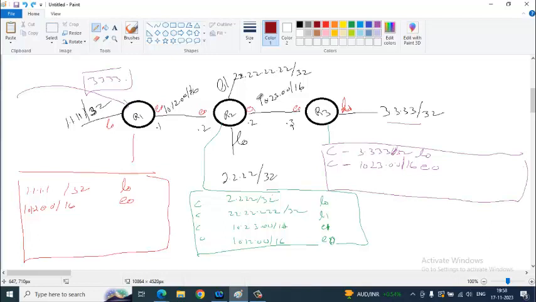In case of R1, say for Ethernet interface 0, we are assigning an IP address. So from that IP address, this router can derive this route information and install it into the routing table. Is that possible? No. Can you repeat again? I still didn't get your question fully. I want to make sure what you are asking.